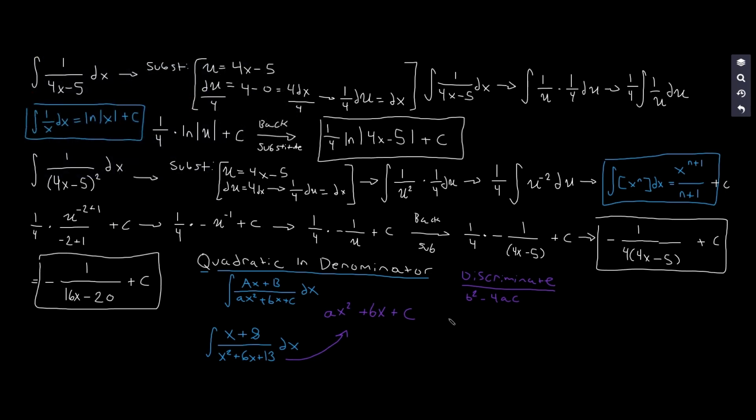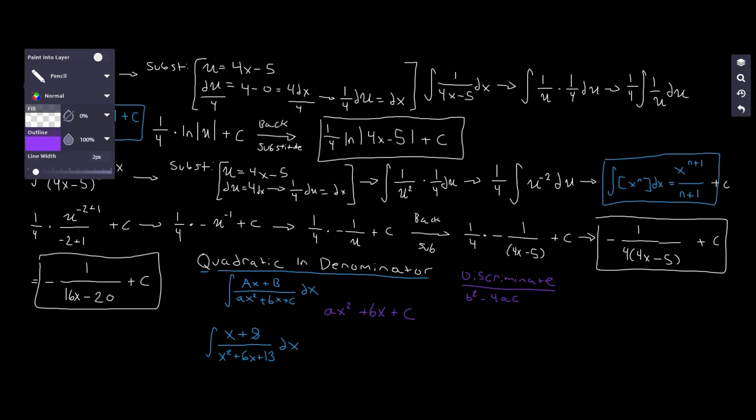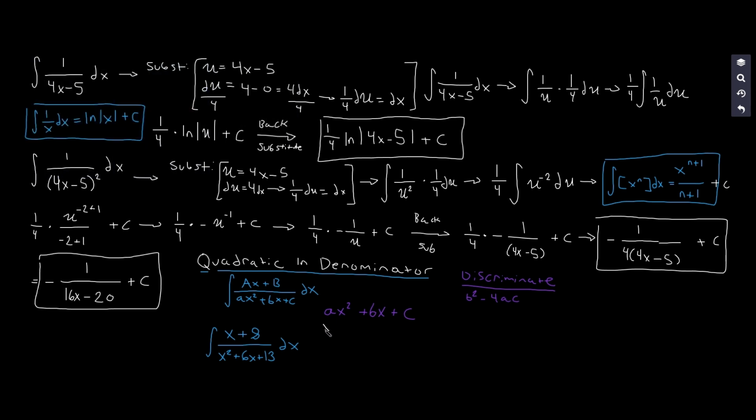So in our case, we have 1x squared plus 6x plus 13, such that a equals 1, b equals 6, c equals 13. And so let's go ahead and find our discriminant here.